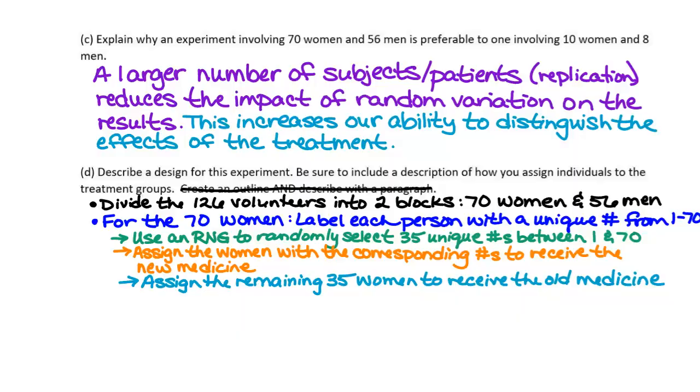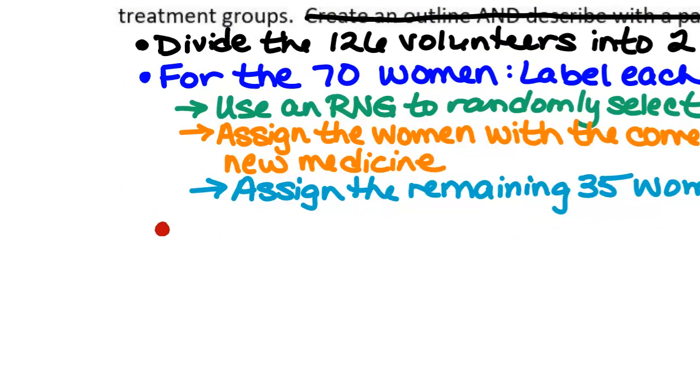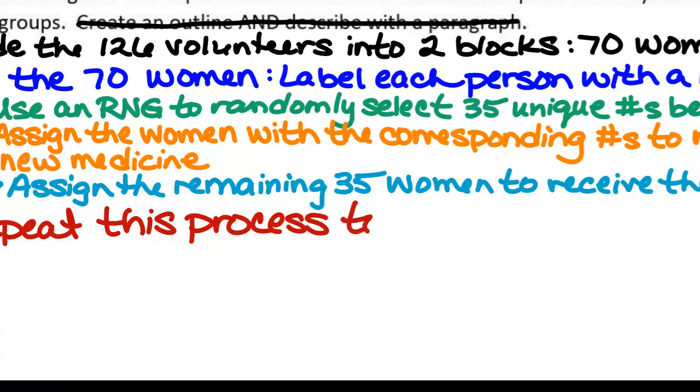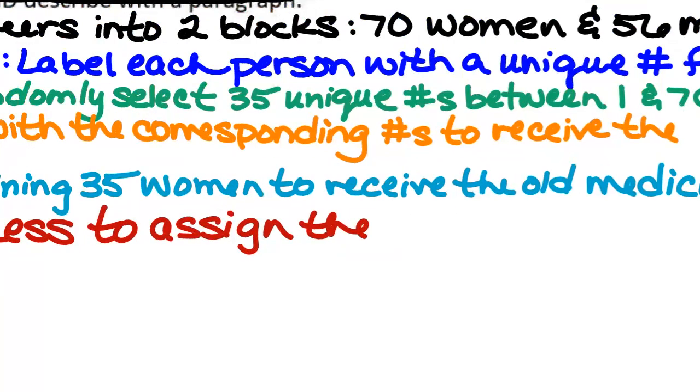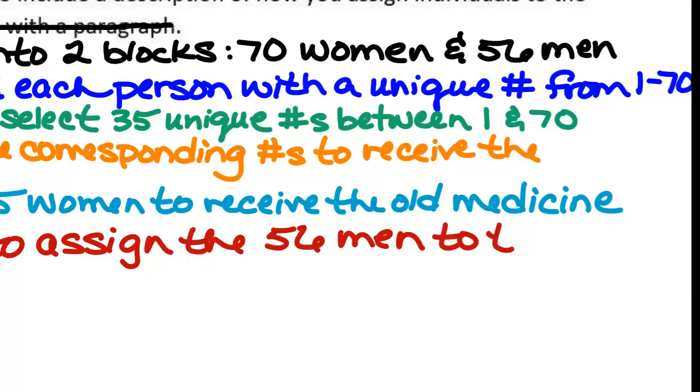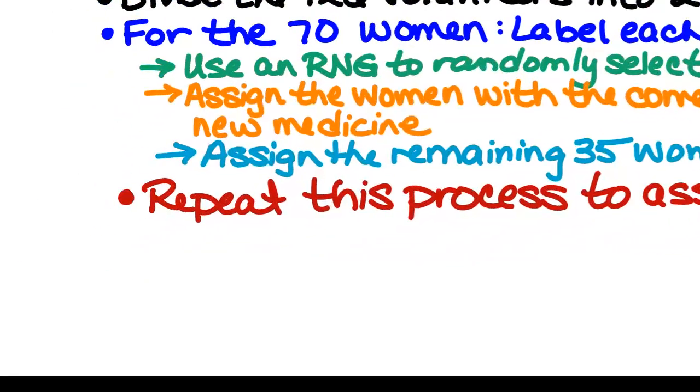Cool. So now we have 35 people getting the new medicine and 35 people getting the old medicine. Then what? Repeat the same process for the 56 men. Repeat this process to assign the 56 men to the 2 treatment groups.